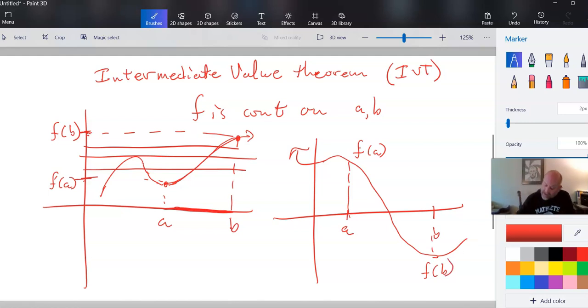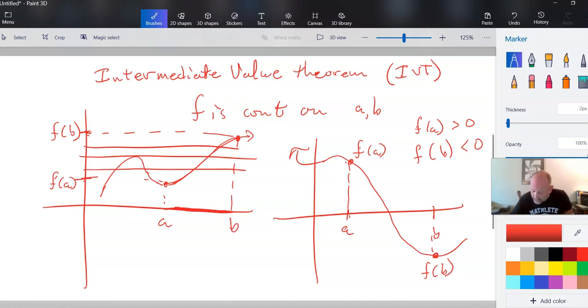The idea is that if f of a is greater than 0, if one value is bigger than 0 and the other value is smaller than 0, then between this positive and negative number, there has to be some value that gives you 0.